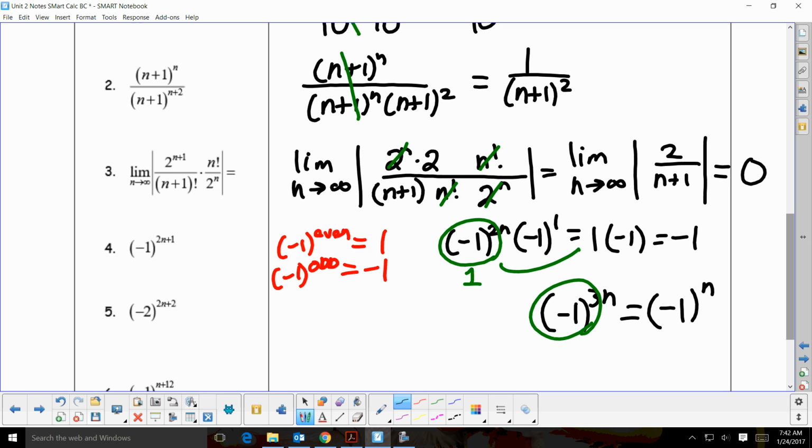Can I reduce that? No. Now n plays a role, because if n is even, then it's +1. If n is odd, then it's -1. But before I had -1 to the 2n, which simplified to 1 to the n. So this guy goes back and forth between -1 and 1, where this guy is just always going to be 1.